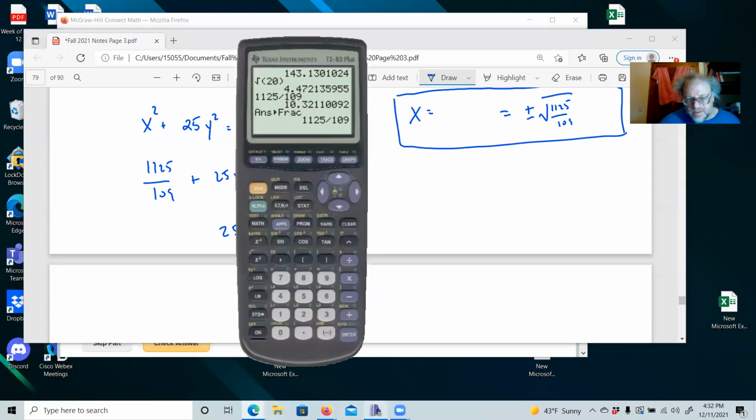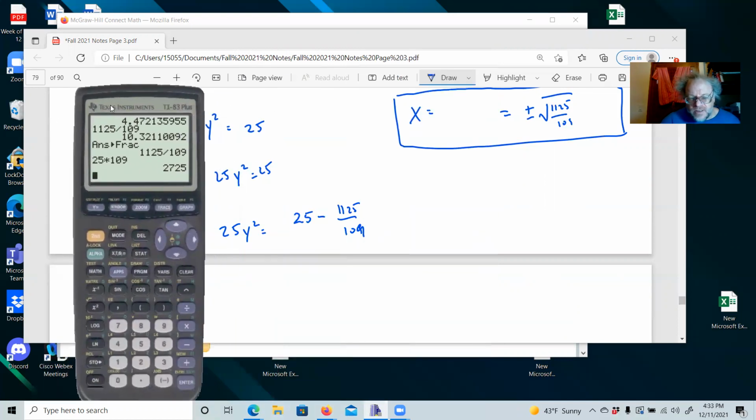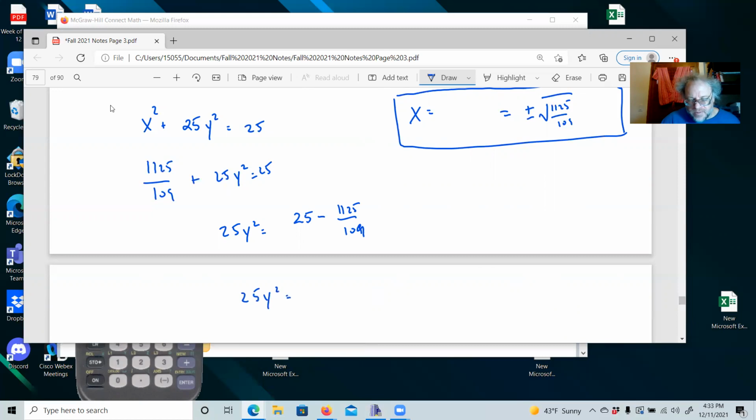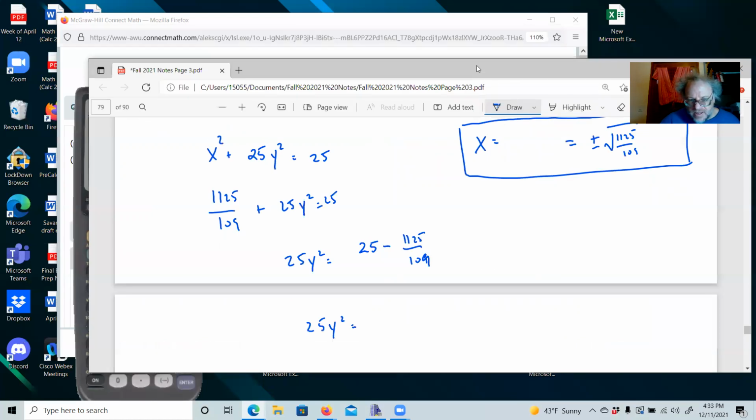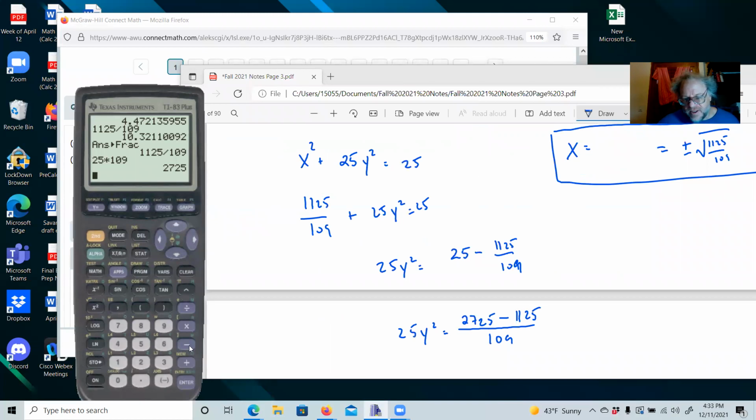I kind of wonder what that's going to give us. So this is 25 times 109, so we got 2725. So 25y squared is equal to 2725 minus 1125 all over 109. Part of doing this was to get a common denominator. 2725 minus 1125, so we got 1600.